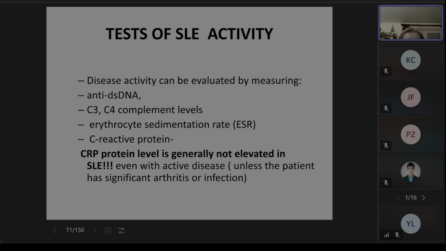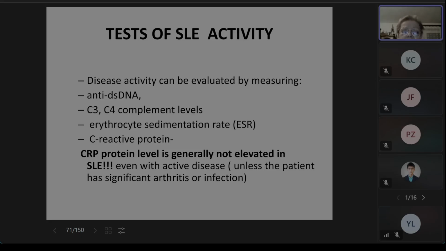Also, C3 and C4 components of complement can be decreasing, and it is very important because the decrease in C3 or C4 component of complement is very typical for another relapse of SLE.